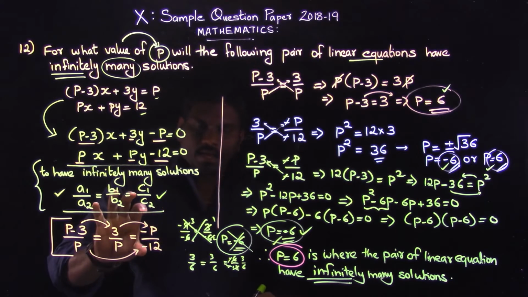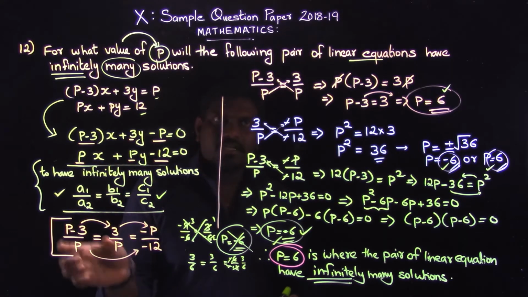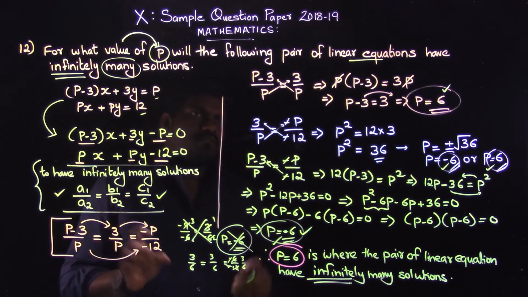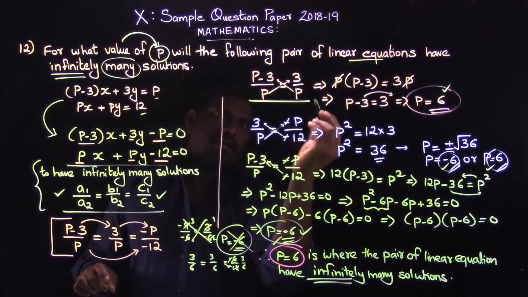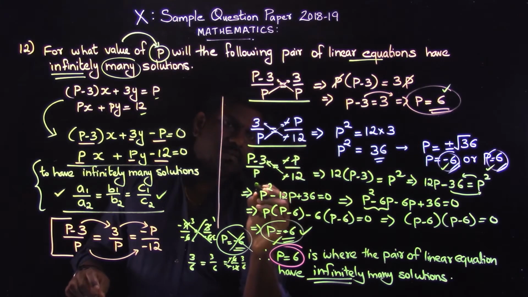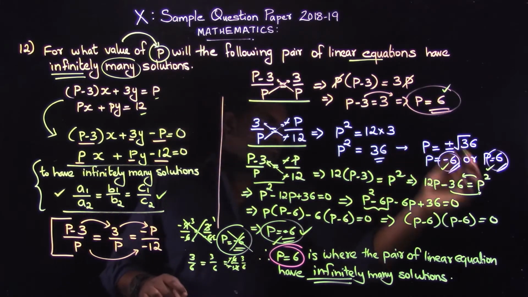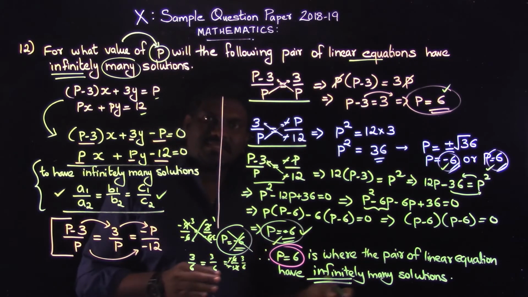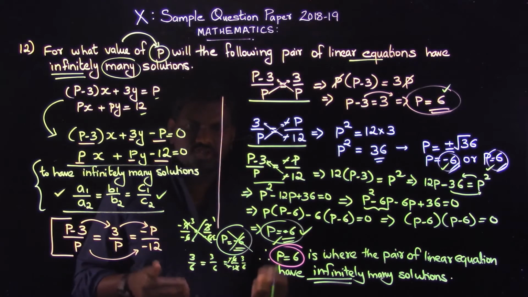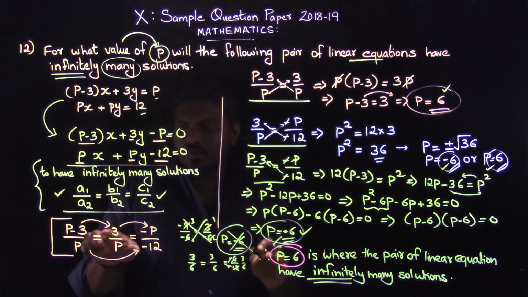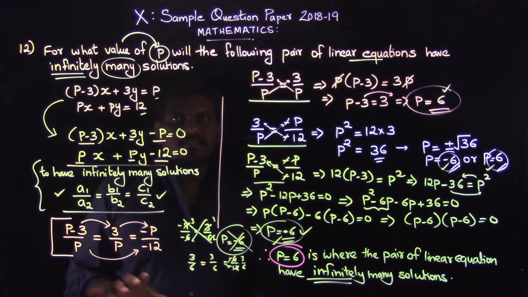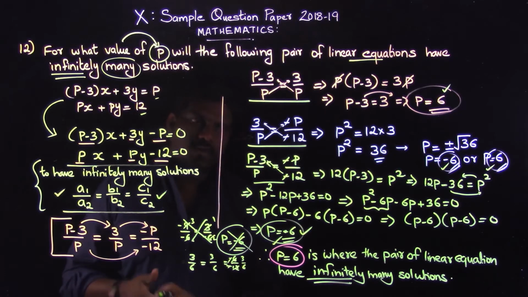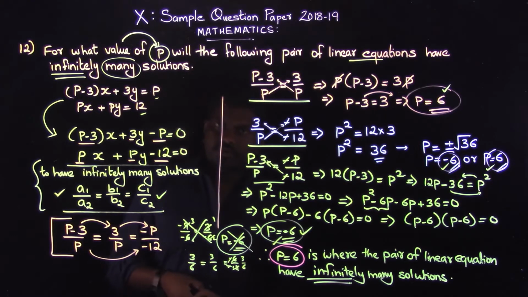We got it, and then we are taking them one by one, in pairs. We compared these two, and from there we got different solutions, and from that minus 6 and 6 were the solutions which we needed to check. When we check minus 6 it's not going to work in this, and if I check 6, yes, definitely it is going to work. So the p's value is going to be 6 where you get infinitely many solutions.